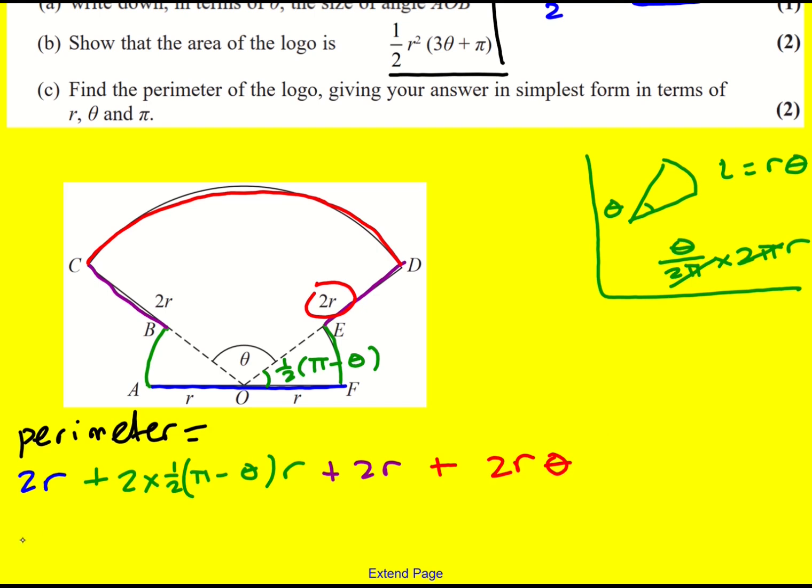Okay, let's just simplify this. So the 2 and the half are going to cancel, so I'm left with 2r plus pi r minus theta r plus 2r plus 2r theta.